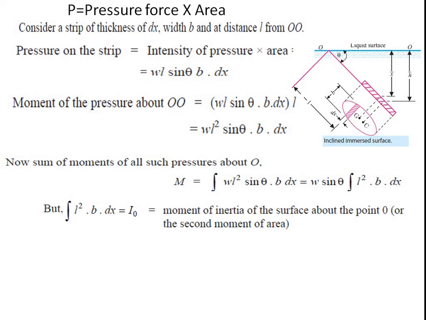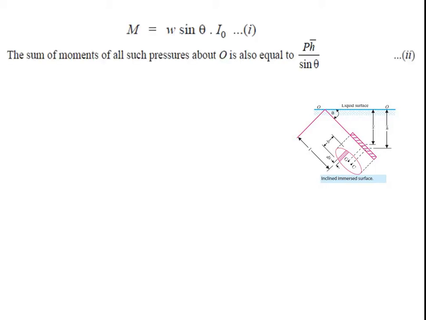But L square B into dx is nothing but the moment of inertia of the surface about the point O. So we can write this as M is equal to W sin theta into I naught, where I naught is nothing but the moment of inertia of the surface about the point O.